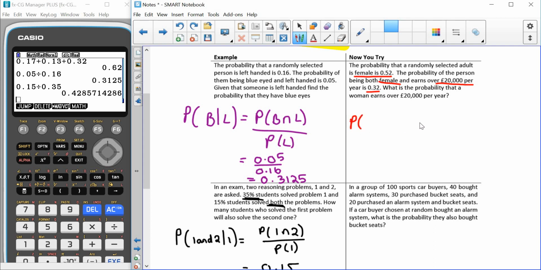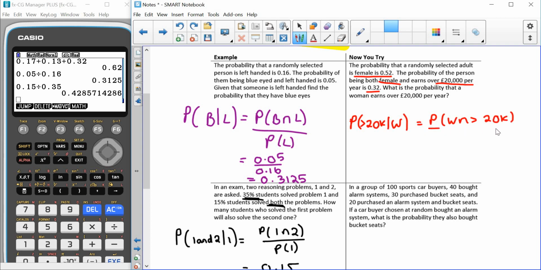Now, it's not as clear this time what we're looking at because it doesn't say the words given that. But it does say the probability that a woman, which means that we're actually looking at, given that this person is a woman, that they earn over £20,000 a year. So on the top, we'll have the probability that they are a woman and they earn over £20,000 a year.